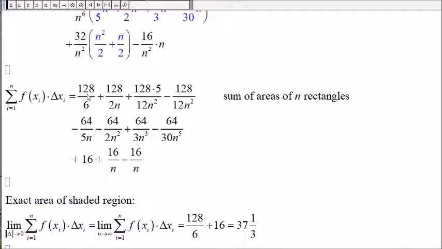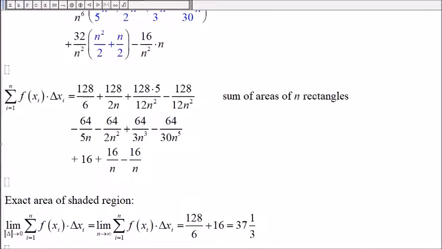So as n runs to infinity, we get 128 over 6. This term will go to 0, since n runs to infinity. This will go to 0, 0, 0, 0, 0, and 0. And then we get 16. And then this term will go to 0, and that will go to 0. And so the answer will be 128 over 6 plus 16, which is 37 1/3.